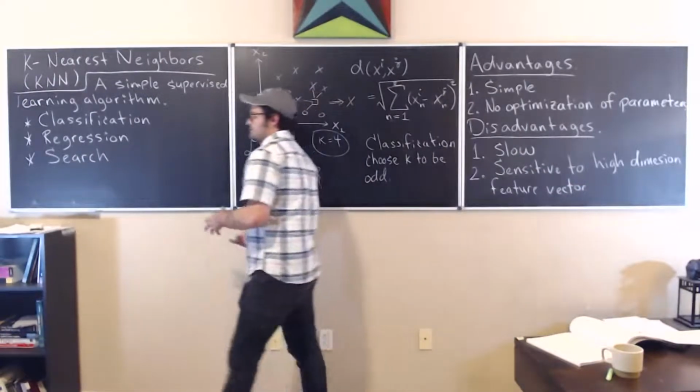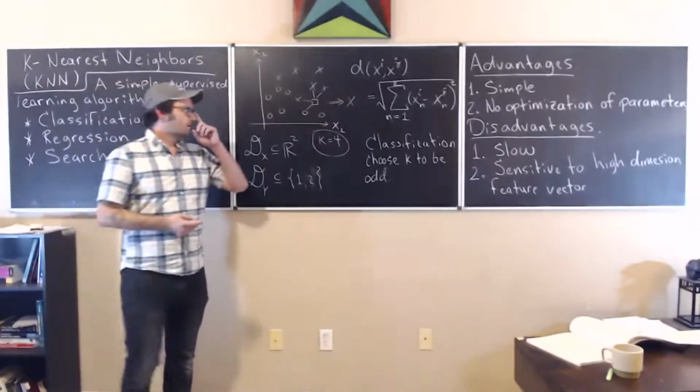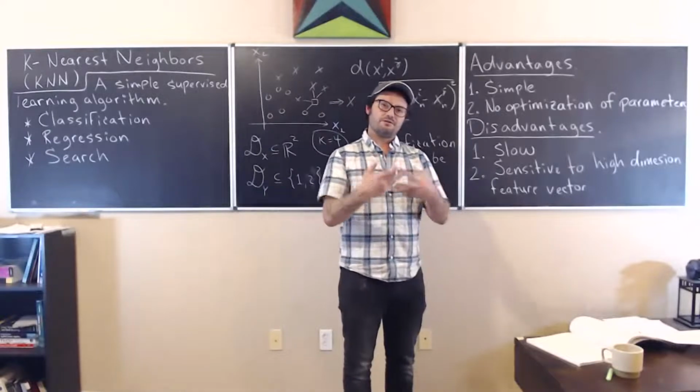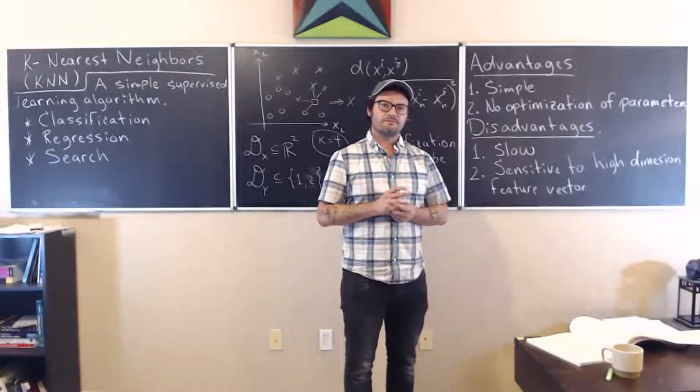When your feature vectors are very high dimensional, this notion of distance might not capture really how the points are relating to each other.